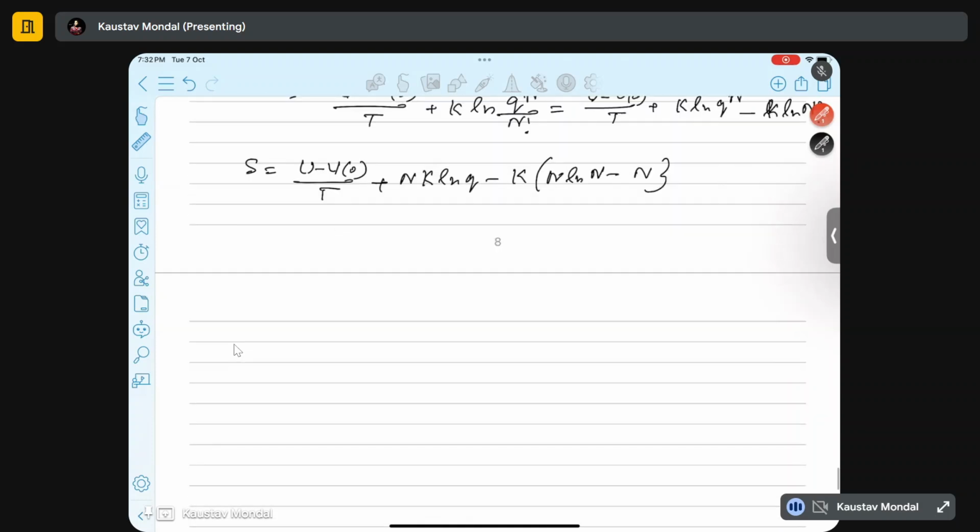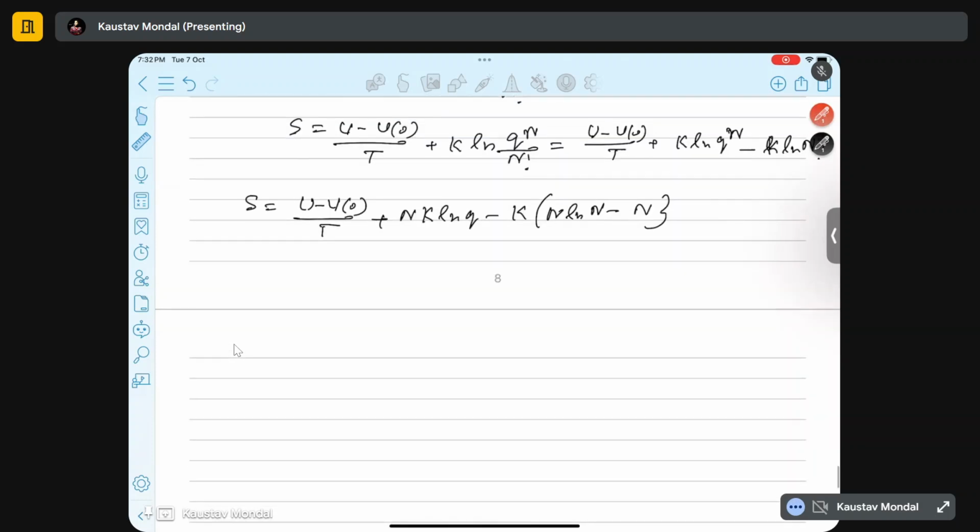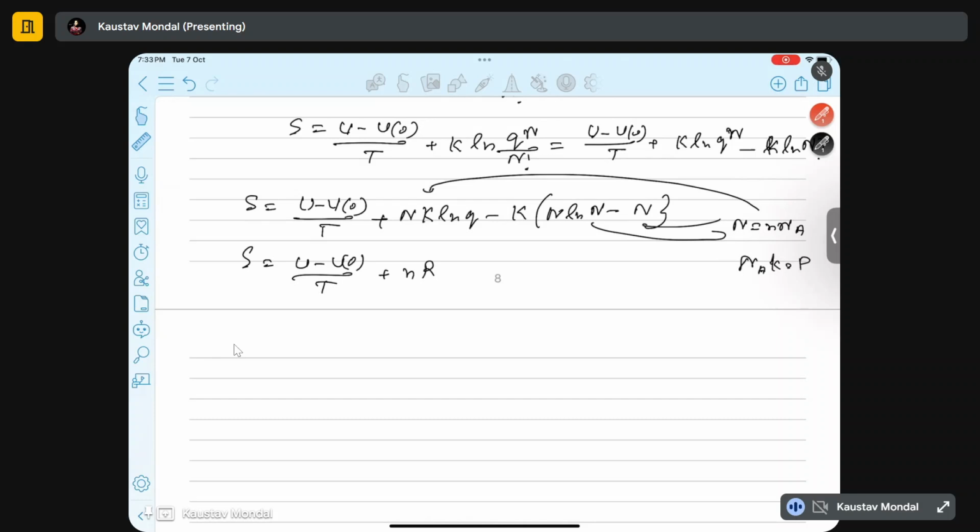Since N equals n into NA, substituting and using NA k equal to R, you get (U minus U0) by T plus nR ln q minus nR ln N plus nR.